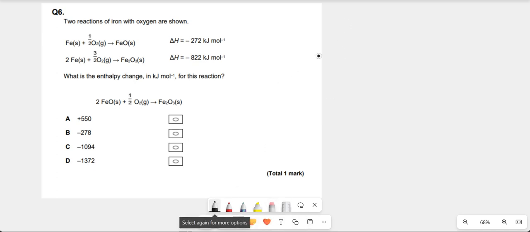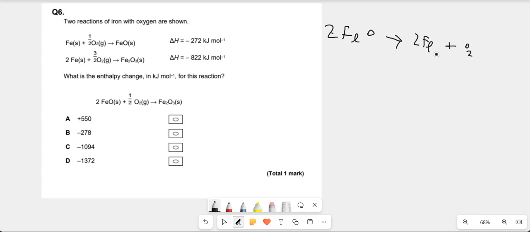I'll get 2FeO, and I'll show you why in a minute. That would give me 2Fe, because Fe times 2, so I'm just timesing the top equation by 2 and reversing it, and then half O2 times 2 would just be O2.